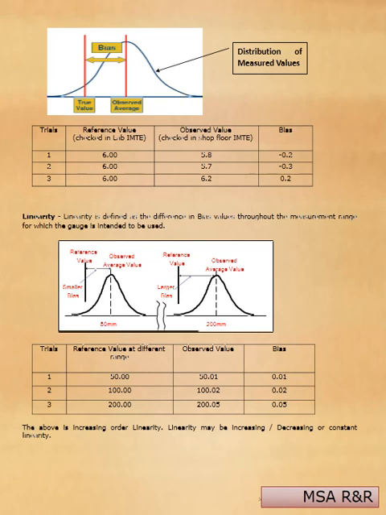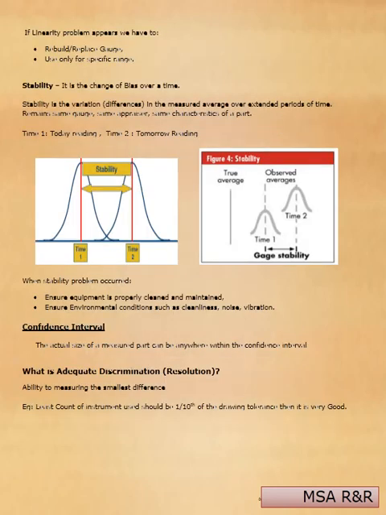For 200, observed value is 200.05, bias is 0.05. The above bias value is in increasing order. The linearity may be increasing, decreasing, or constant linear. If a linearity problem appears, we have to rebuild or replace the gauge or decide to use it only for specific ranges.